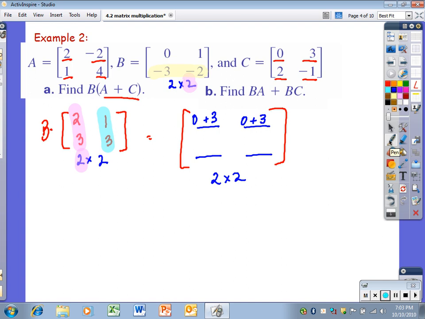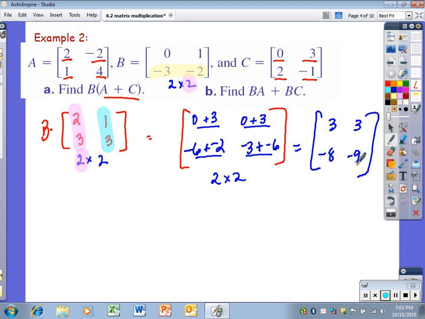So negative 3 times 2 plus negative 2 times 3. And lastly, row 2, column 2. Negative 3 times 1 plus negative 2 times 3 is negative 6, which results in 3, 3, negative 8, negative 9.